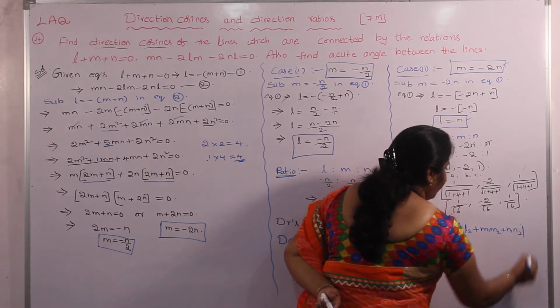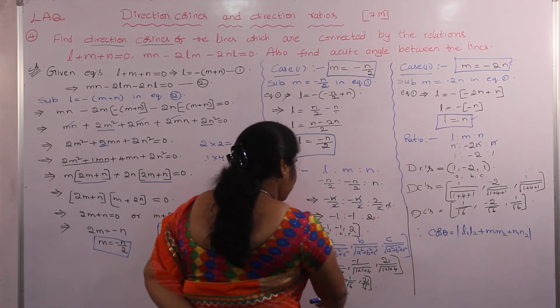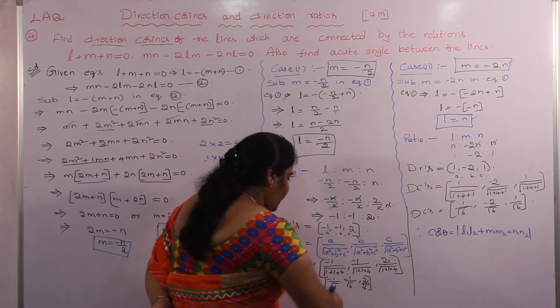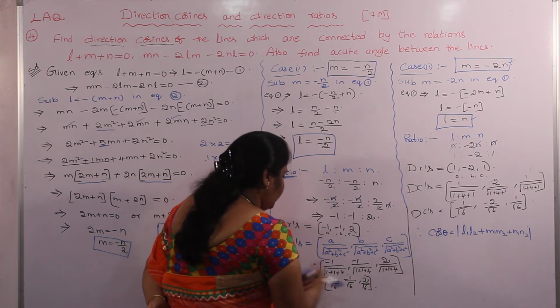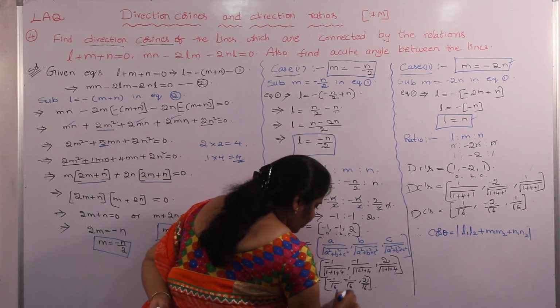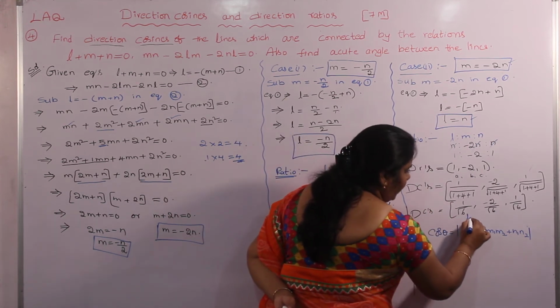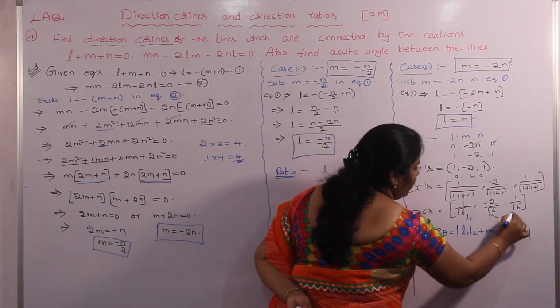These are the DCs in the first case. This is the DCs in the second case. DCs are generally denoted by L M N. Here we have the two cases. So we take L1 M1 N1 for the first, and for the second case we take L2 M2 N2.